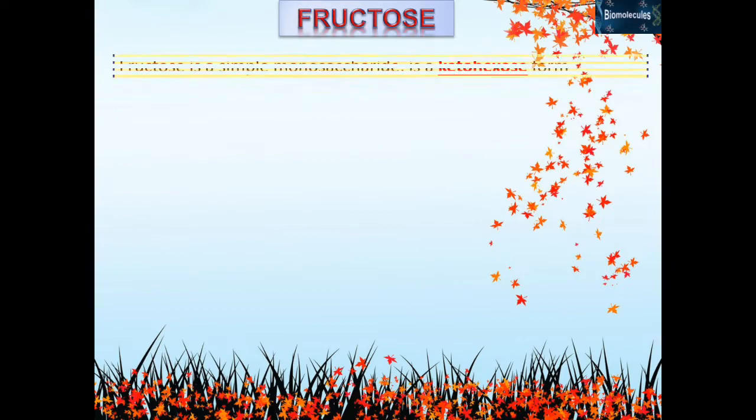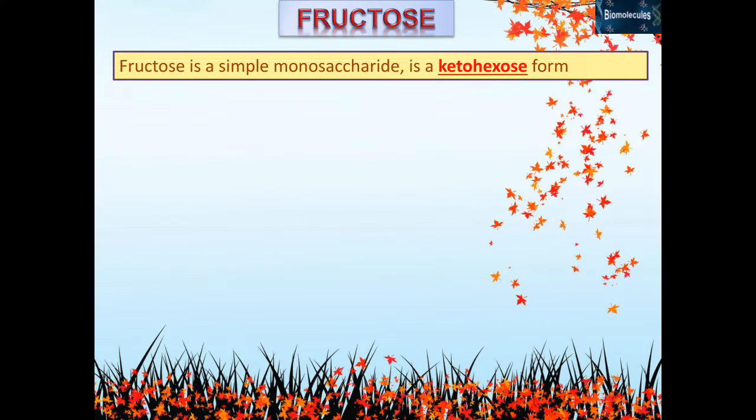We'll move to the next monosaccharide, fructose. Fructose is again a simple monosaccharide called a ketohexose. This word ketohexose has two parts. Keto refers to the presence of a ketonic group. Hexose refers to a monosaccharide containing 6 carbon atoms, isn't it?